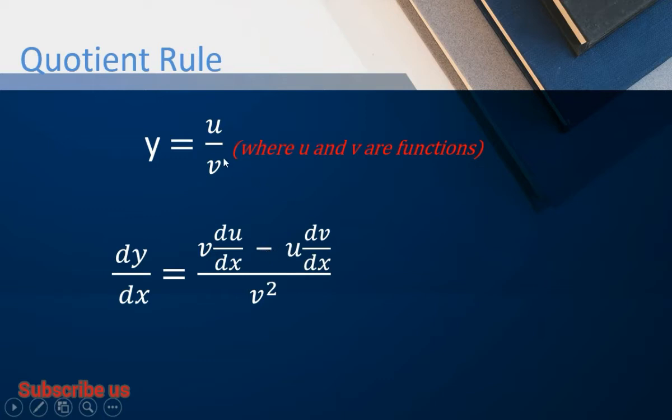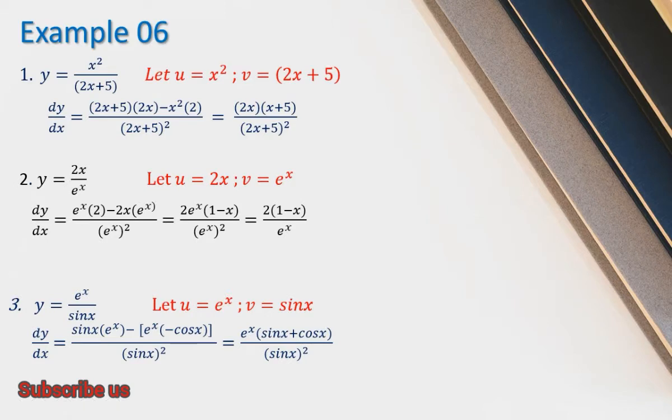U is the numerator function, multiplied by the differentiated function of the denominator function. After that, divided by the denominator function square. V is the denominator function.